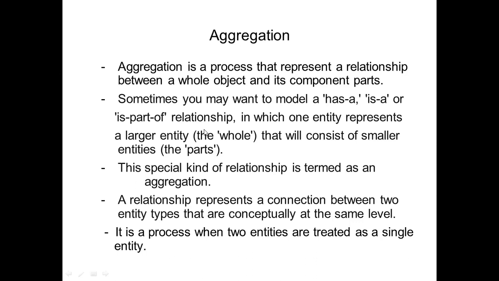This relationship represents a connection between two entity types that are conceptually at the same level. Here, those entities can be considered at the same level. Or we can say that it is a process when two entities are treated as a single entity. Means if it is at higher level or at lower level, those can be considered at a single level or as a single entity.